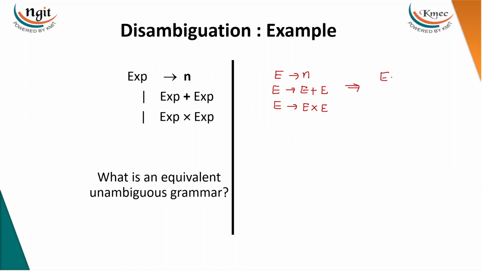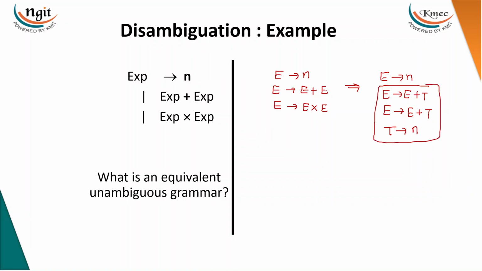So you can take E tends to N, E tends to E plus T, and finally T tends to N or a terminal symbol. So the same grammar you can write like this.